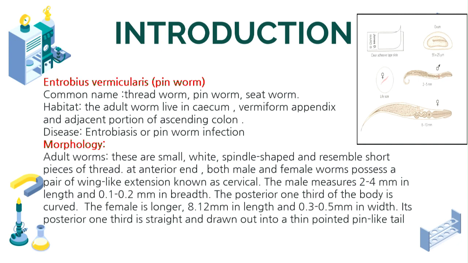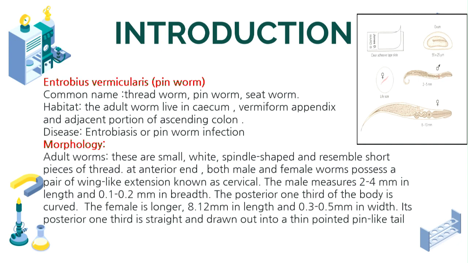So what's the morphology of this worm? Usually the adult worms are small, white, spindle-shaped and resemble short pieces of thread. At the anterior end, both male and female worms possess wing-like extensions known as cervical alae.